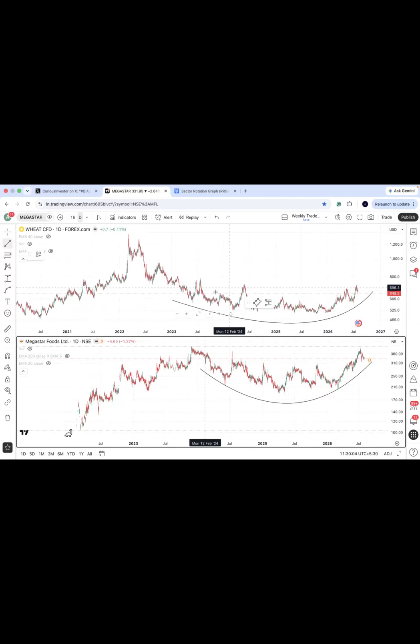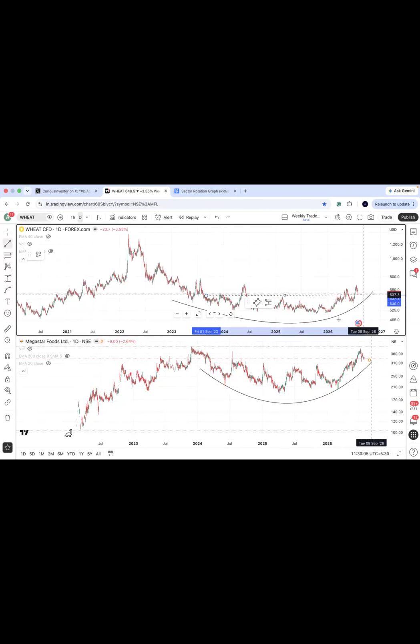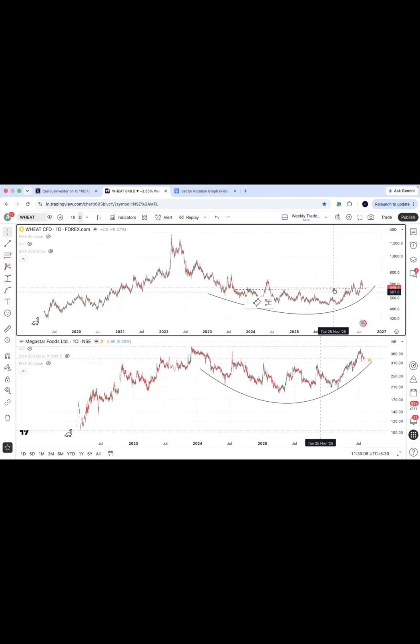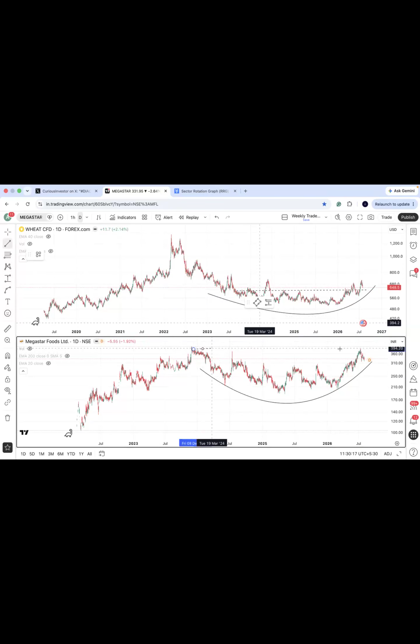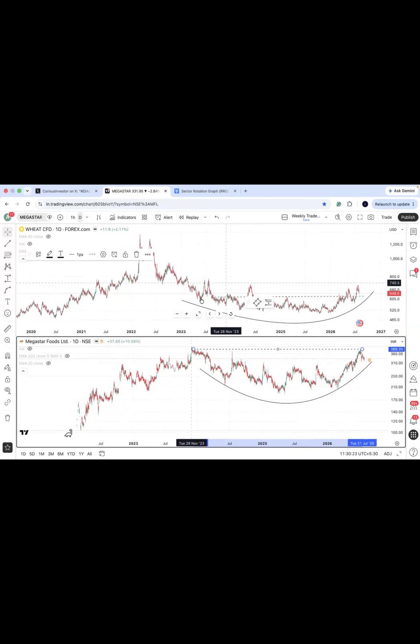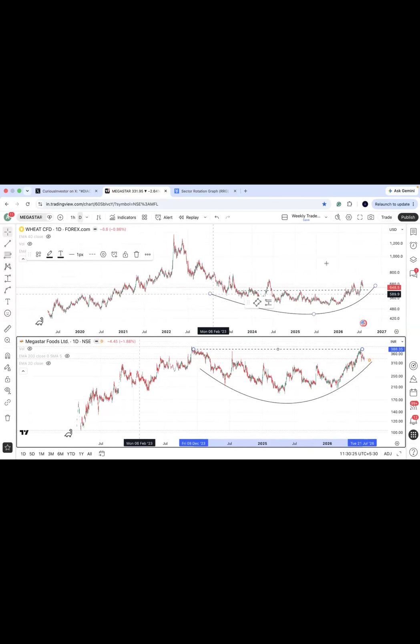There is a resistance zone from 600 till 730, a big resistance zone. Megastar Foods is also taking resistance from 300 to 400, and a rounding bottom formation is being formed.